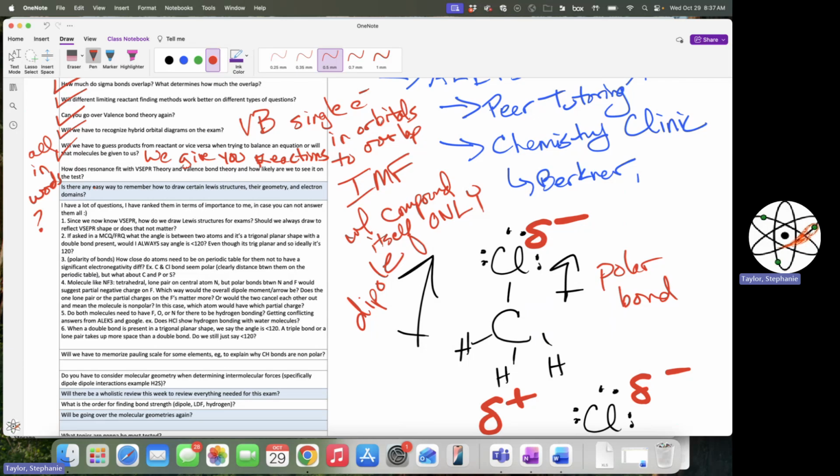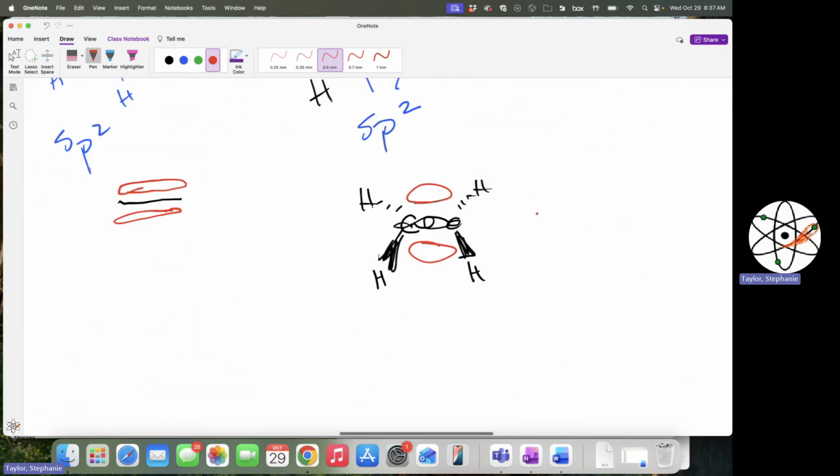How does resonance fit with VSEPR theory, and how likely are we to see it on the test? As far as resonance goes, this was in Alex's part. What is a molecule that Alex did? Let's do phosphate.